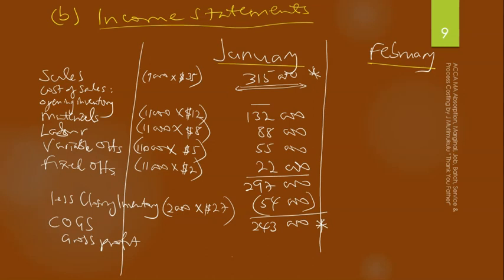So the gross profit should be 315 minus 243,000, and we should get 72,000. So we should get 72,000 as our gross profit.